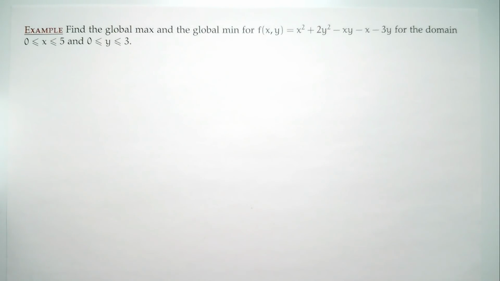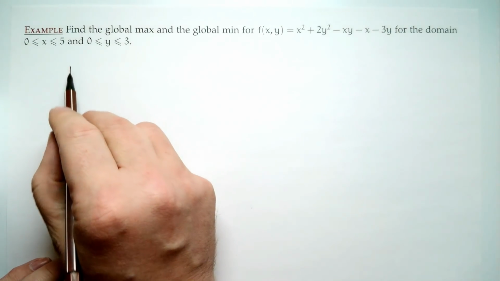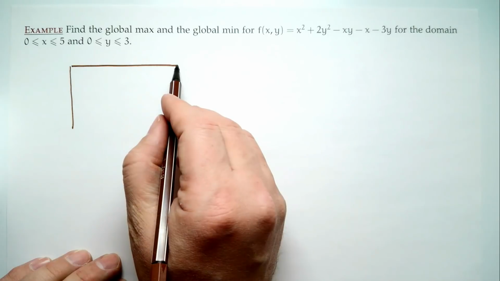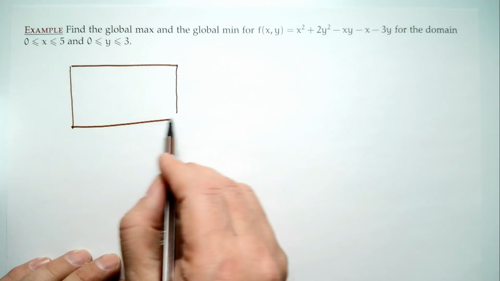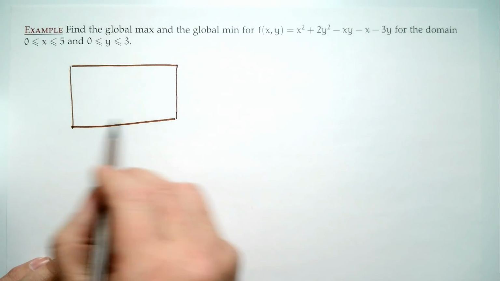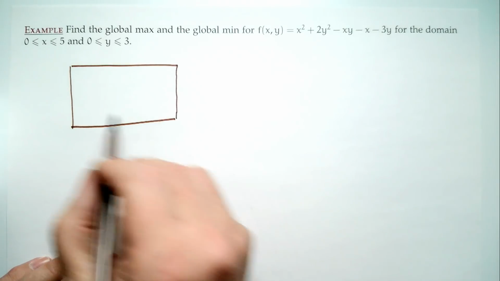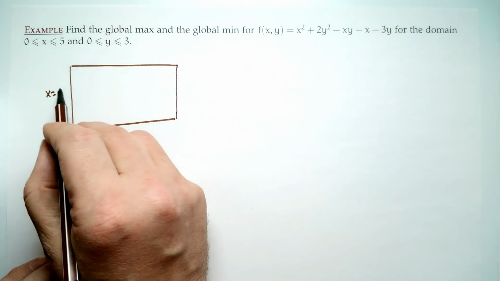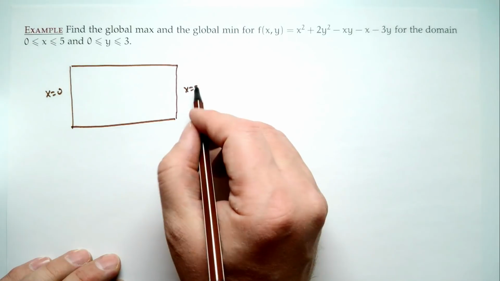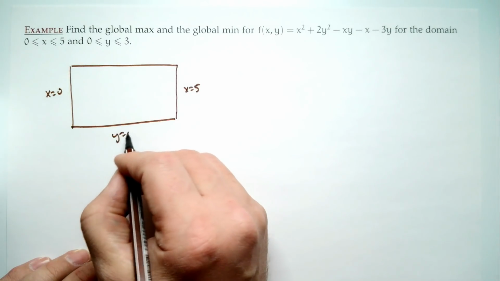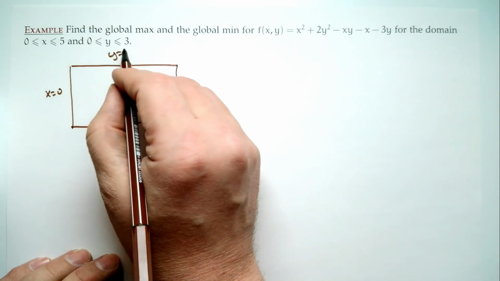Well, let's talk about our domain. So what does our domain look like? Yeah, it's a rectangle. So our domain will be a rectangle. And in this case, it's a rectangle where I go 5 units in the x direction and 3 units in the y direction. So I go from x equals 0 to x equals 5, y equals 0 to y equals 3.